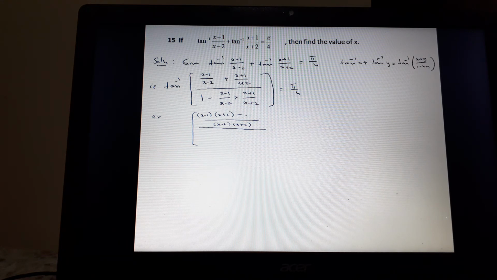And here it is (x plus 1) into (x minus 2). So same thing here also, below (x minus 2) into (x plus 2). Here it is (x minus 2) into (x plus 2) minus (x plus 1) into (x minus 2).